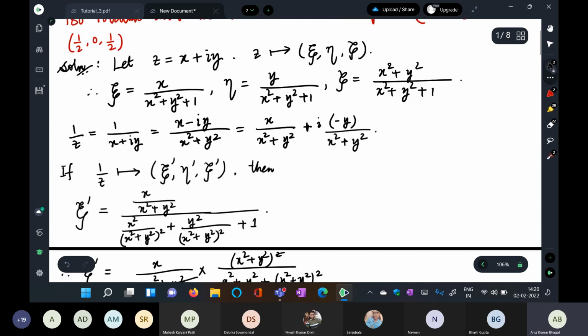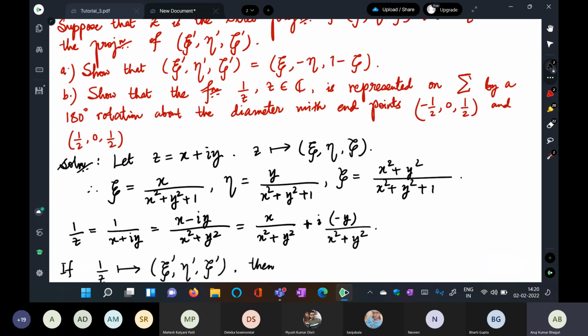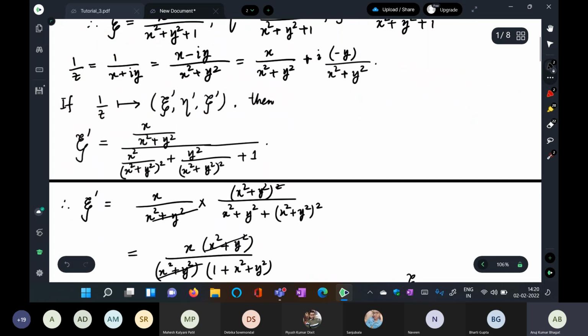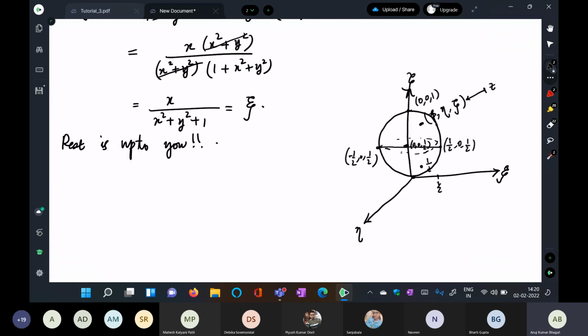This is what the question says. Show that the function 1 by z is represented on the sphere by a 180 degree rotation about the diameter with endpoints this and this. So the question says, you give me any point on the sphere. If you rotate that point by 180 degrees about this diameter, you will get the coordinates of 1 by z. So did you understand the question?